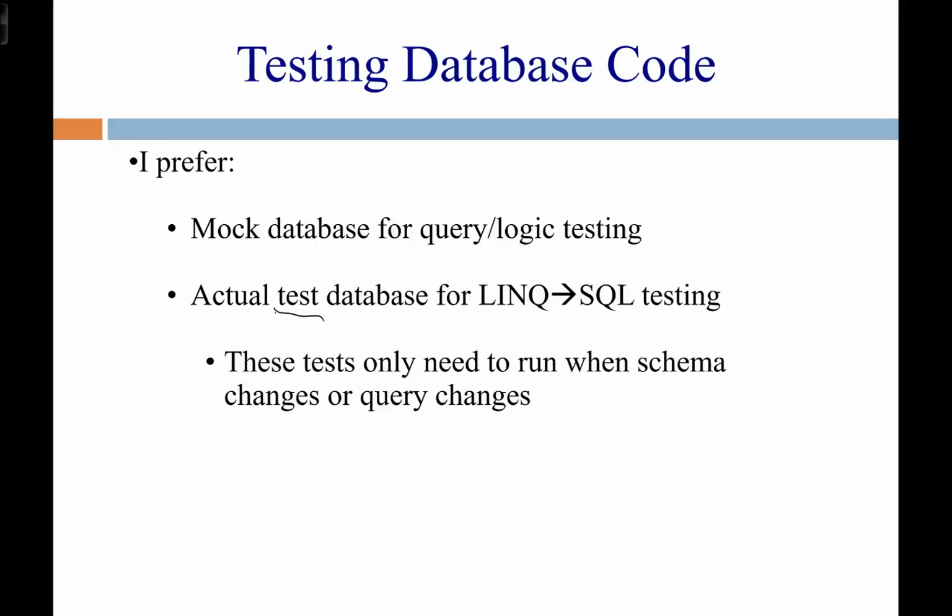And the good news is you only have to run those SQL tests when the schema or queries change, which is rare. Normally you're mostly just changing something about the logic in the controller. You get the query right once, and then it's just right. And then you can change the controller code a bunch and just rerun your mock database tests. You don't have to rerun the tests on the actual MySQL test database if nothing there has changed.